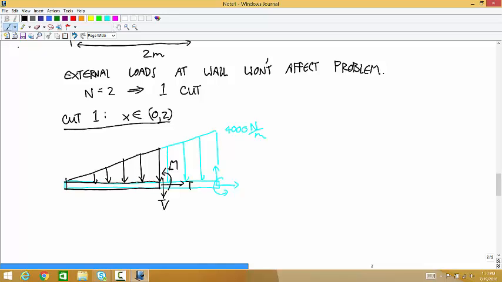And now that we've chosen the body to isolate, this black piece is what we're isolating. Now we can represent that distributed load as a point force. The first thing we have to do is figure out a function q of x that represents this distributed load. So how are we going to do that? What's a function q of x that represents this line is what we're looking for.